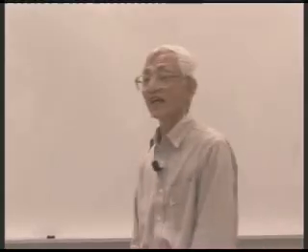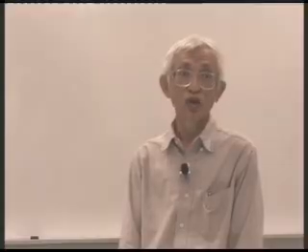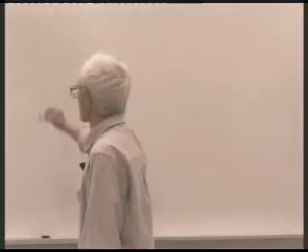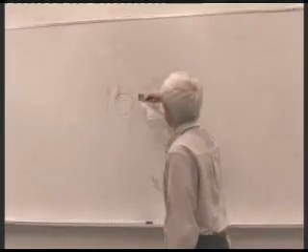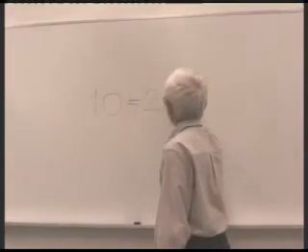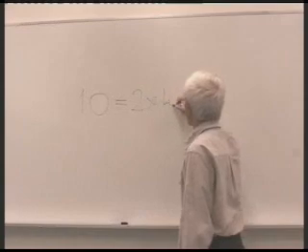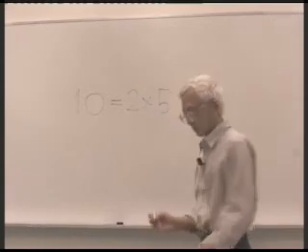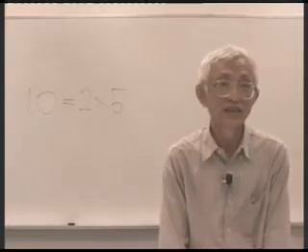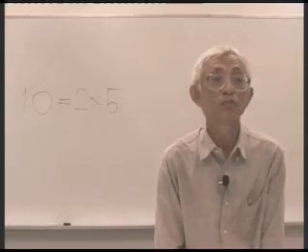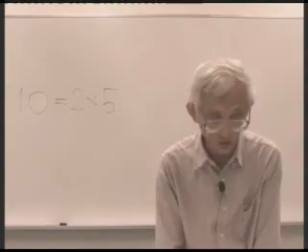Let us take a simple case. Let us ask the same question again, whether 10 is divisible by 2 or not. So you write 10, and then you find that 10 is equal to 2 times 5. Therefore, 10 is divisible by 2. Right?